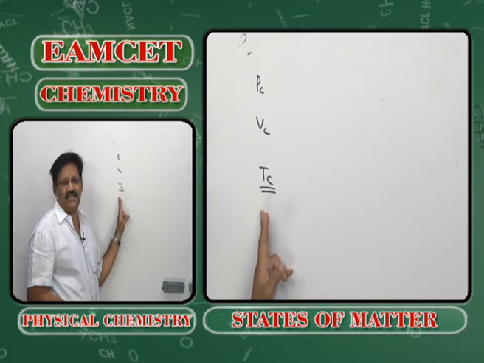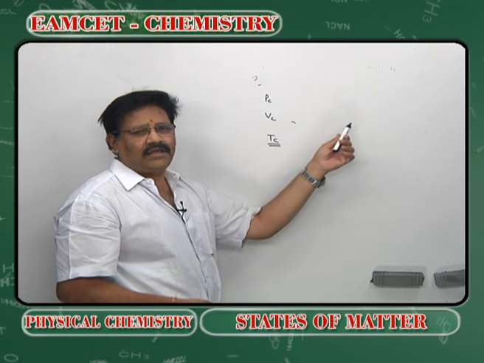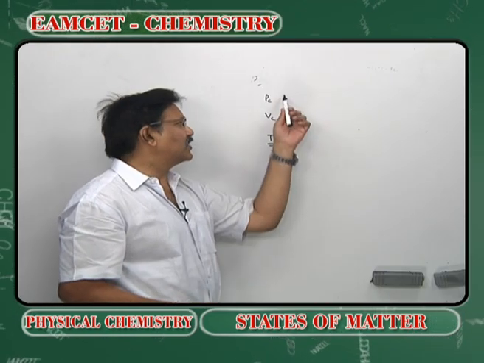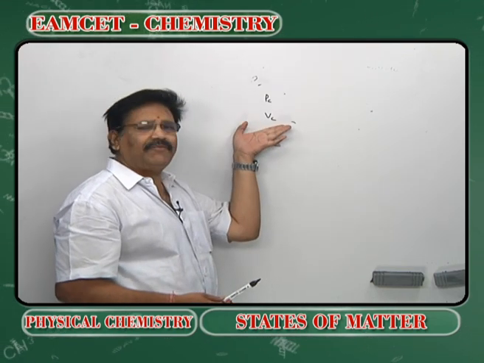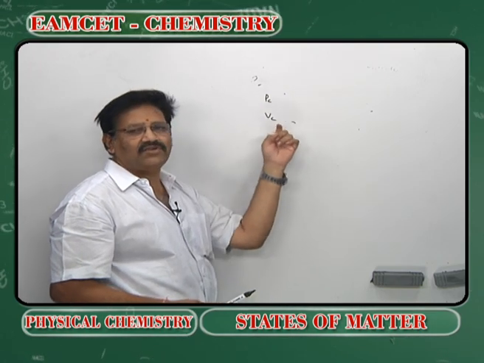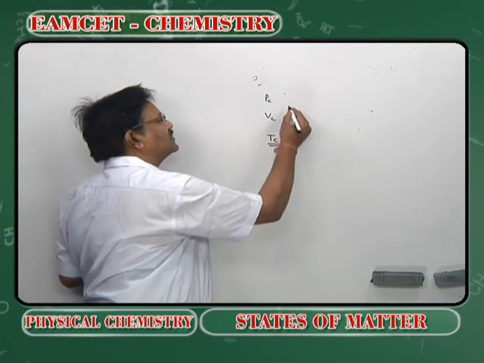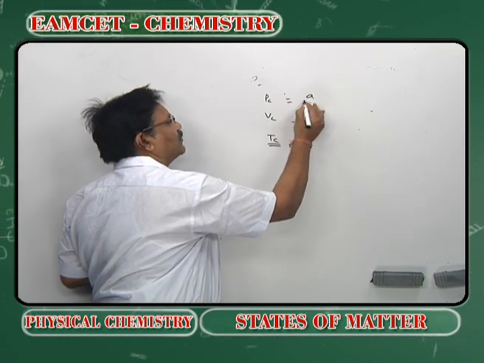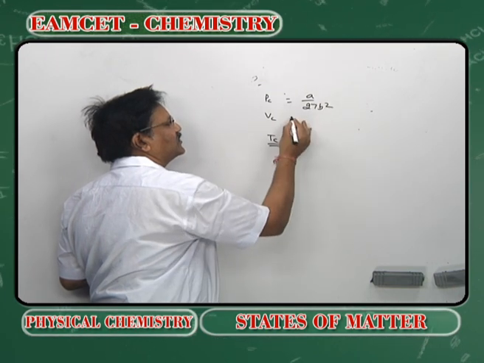That is TC. And what is VC? Critical volume. And what is PC? Critical pressure. The volume occupied by 1 mole of the gas at the conditions of TC and PC is called critical volume. What are the expressions for PC, VC, TC? In terms of Van der Waals constants, PC is a by 27b square.